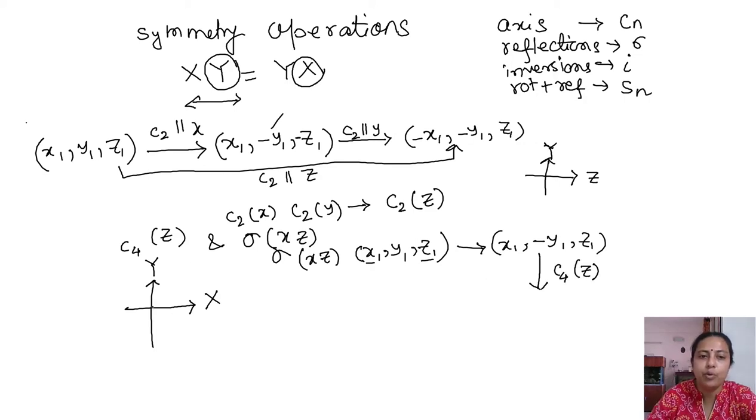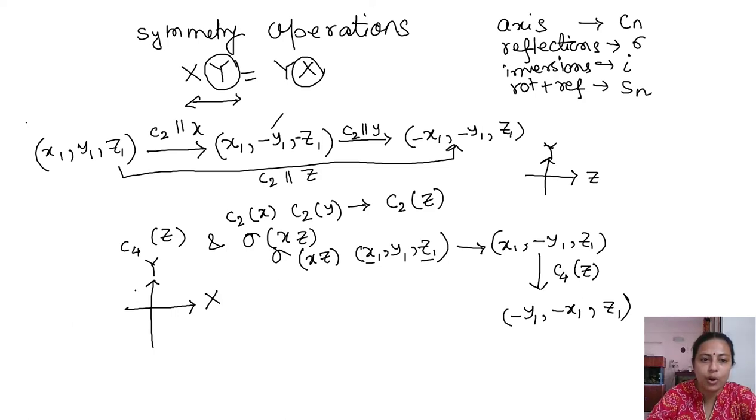Now look here, if you do the C4, that is a 90-degree rotation along the Z axis, whichever is your plus Y would become plus X, and whichever is your plus X would become minus Y. So your coordinate would be something like that.